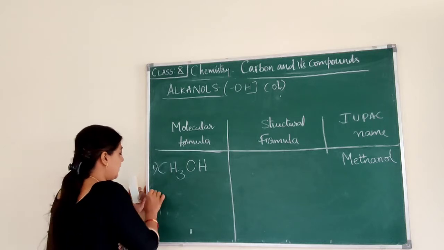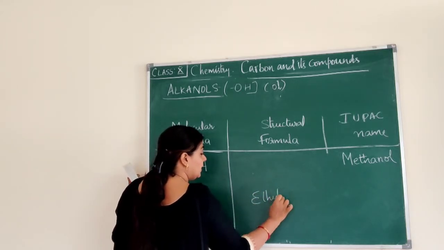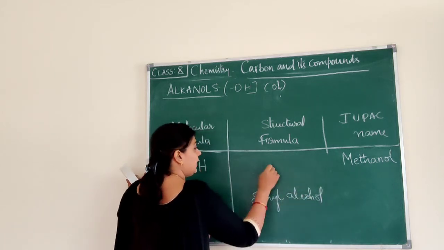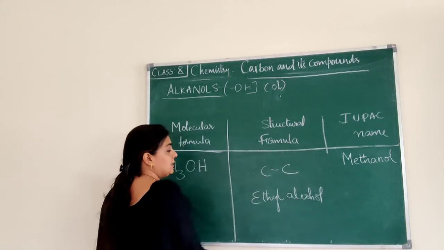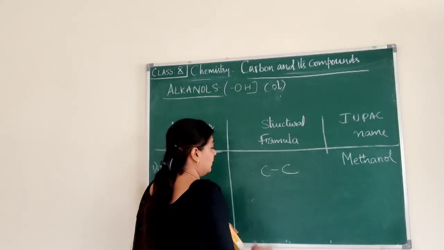What is ethane? Ethyl alcohol. Let us find out for ethyl alcohol. For ethyl alcohol, you know, eth is 2 carbon atoms.